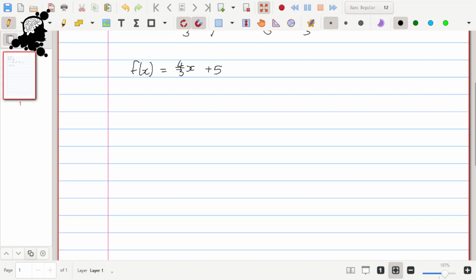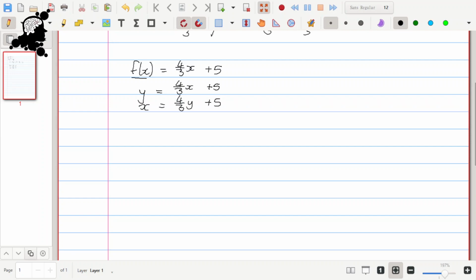Now we said we need to make sure our equation starts with y is equal to. Since we have f of x here, let's replace that with y is equal to 4 over (3x plus 5). Next, we need to swap x and y. So x is equal to 4 over (3y plus 5).